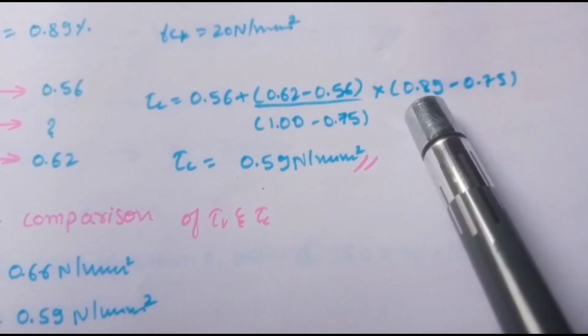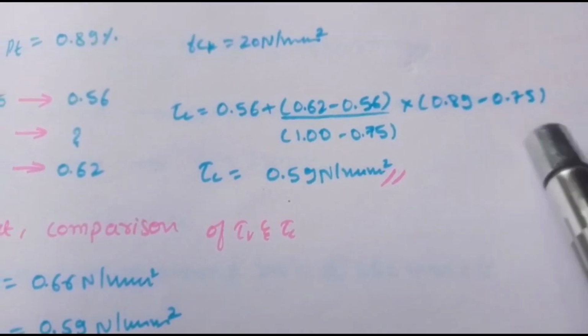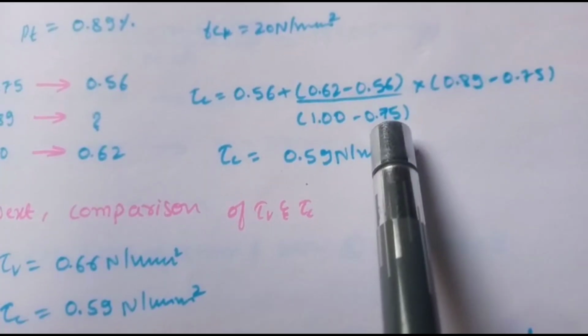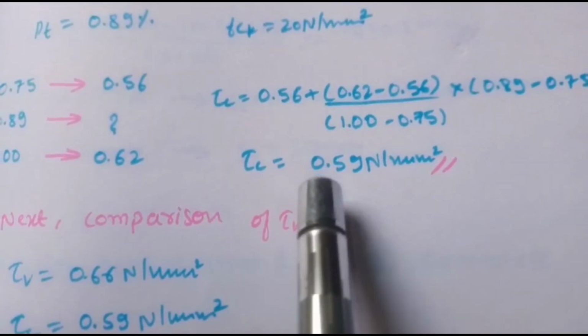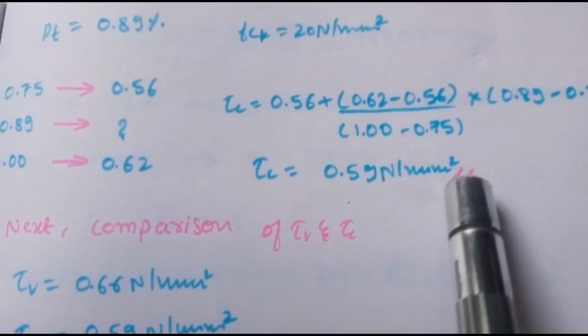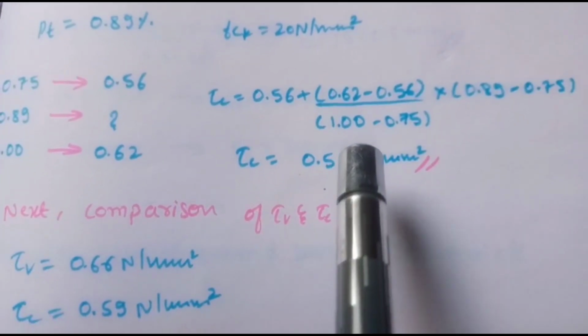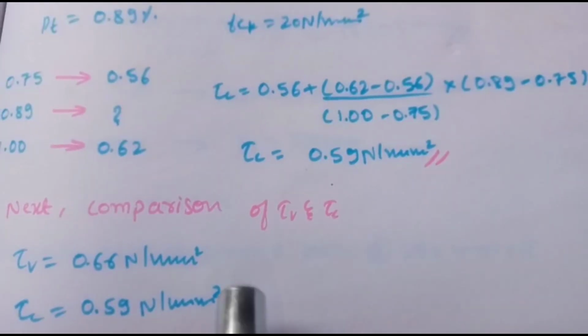So that is 0.89 minus 0.75. After simplifying we'll get tau C value as 0.59 Newton per mm square. This is how the interpolation is done.